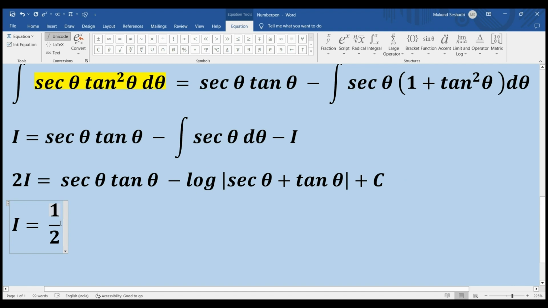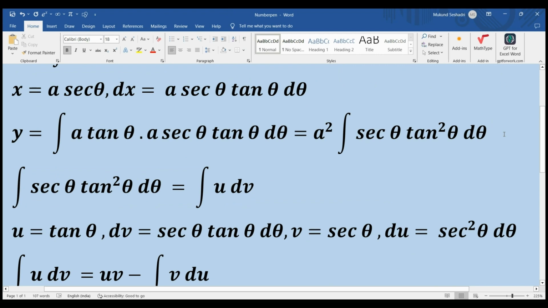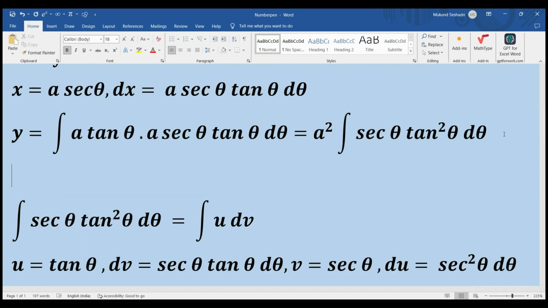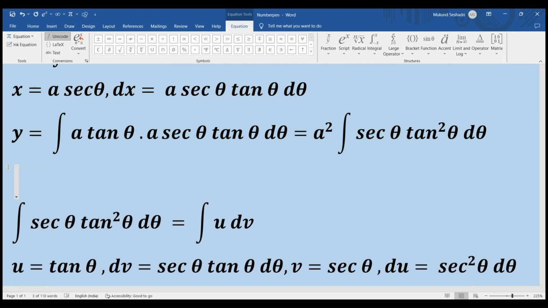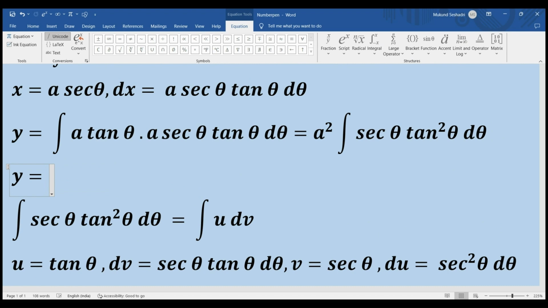And like we do in many of our problems, we will have to put back everything in terms of x, and I'm not going to do it here. So this is our y. Now when you take a closer look, we have a square into the integral of secant theta tan square theta d theta.